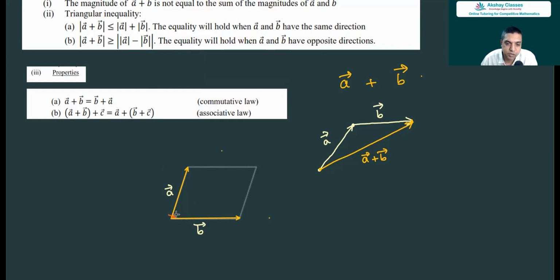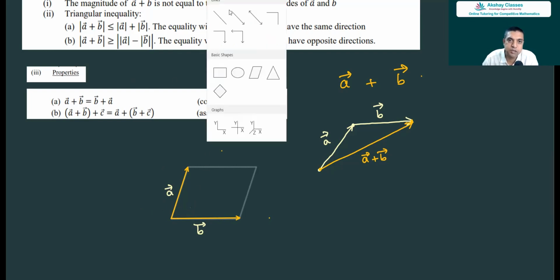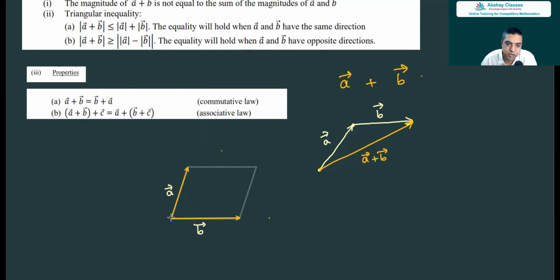Then, okay, it's not starting from the same point. I'll start like this. Then the diagonal represents A plus B. The diagonal represents A plus B. And as in the triangular law, B can be shifted here.